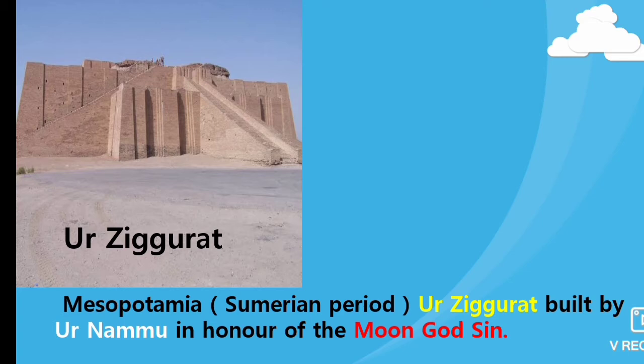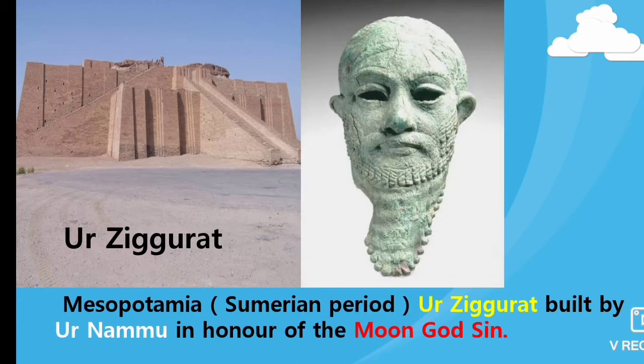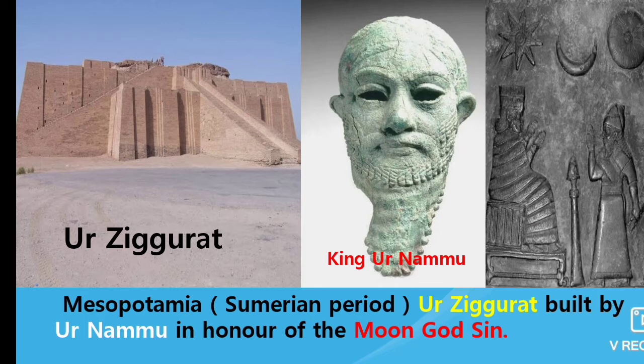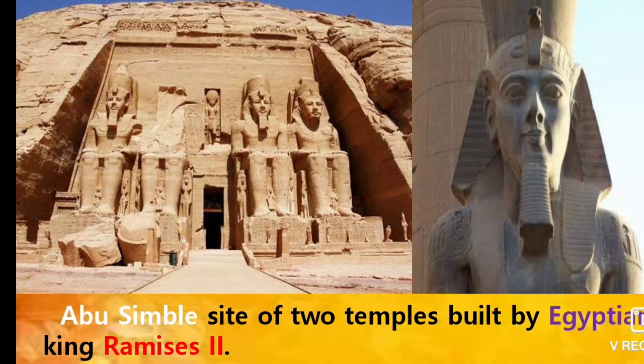Next is Ur-Ziggurat. In Mesopotamia in the Sumerian period, Ur-Ziggurat was built by Ur-Nammu in honor of the moon god Sin. Students, Ur-Ziggurat was built by King Ur-Nammu in honor of the moon god Sin. Students, Abu Simbel is a site of two temples built by the Egyptian king Ramses II.